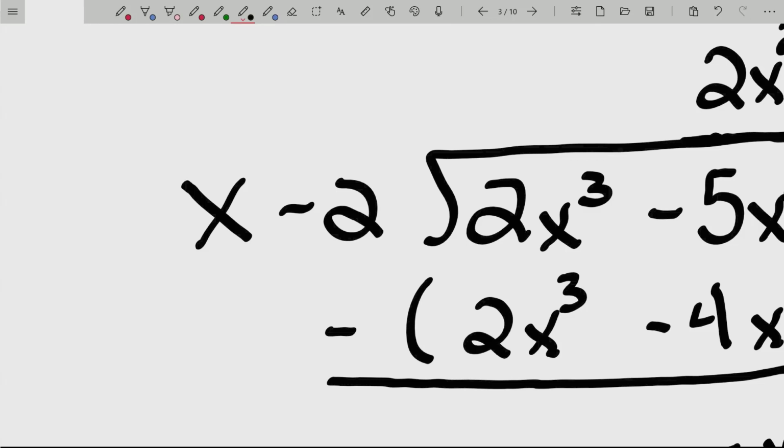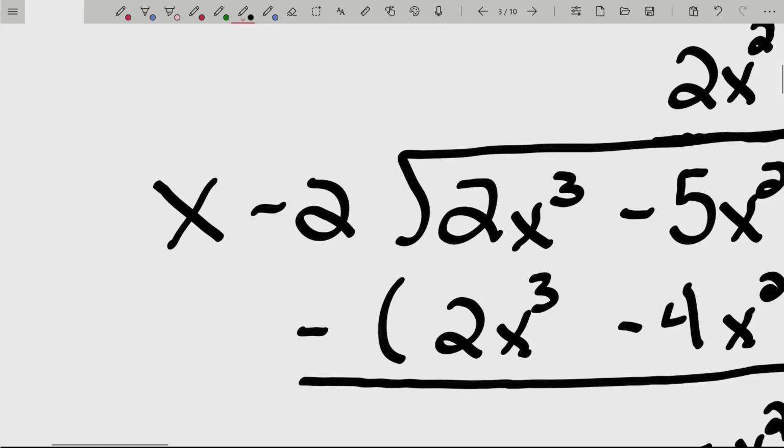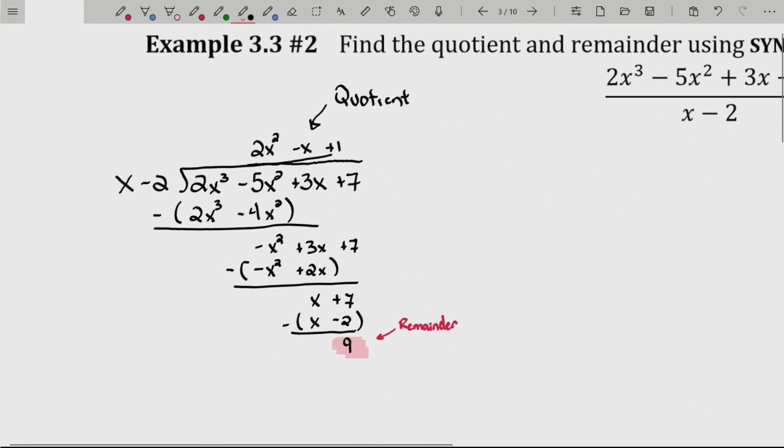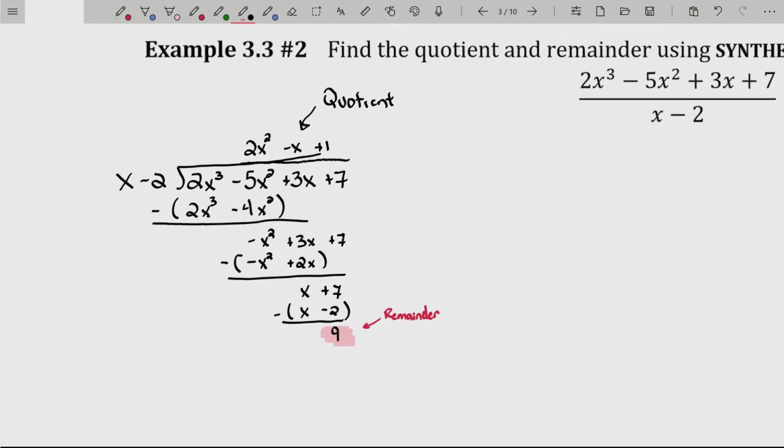If x minus 2 is a factor, then x equals 2 is called a 0 for your polynomial. And so what the synthetic division does is it takes whatever will turn this into 0, and you'll write that right here, 2.